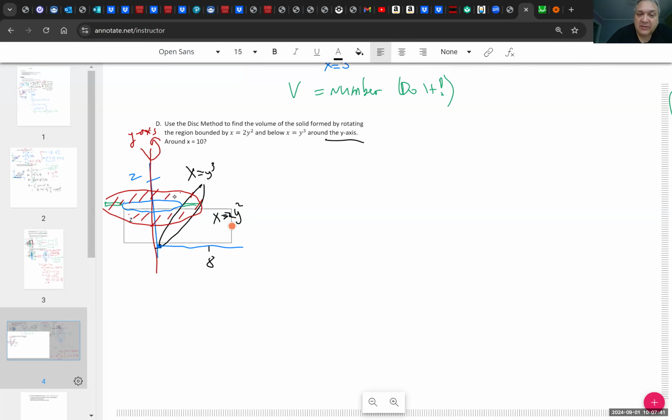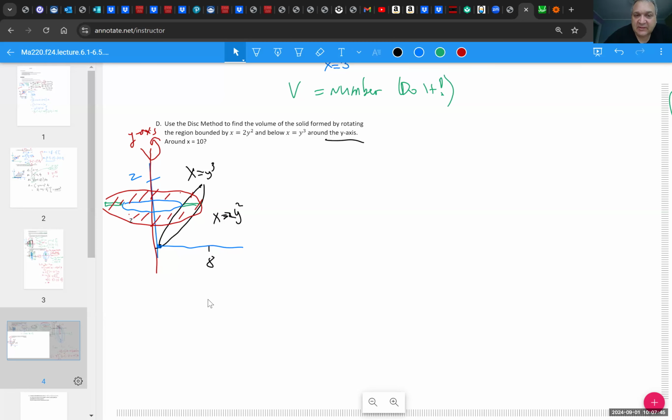Now notice because we slice this thing horizontally, you can see my little green rectangle there. I'll get rid of these little red marks, but you see my green rectangle. It's a horizontal slice. The thickness of this horizontal slice is a small change in the vertical direction. And you may have an idea what that's called. That is called dy. dy is the thickness.